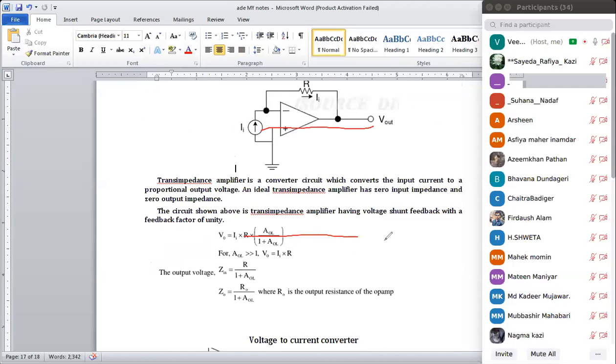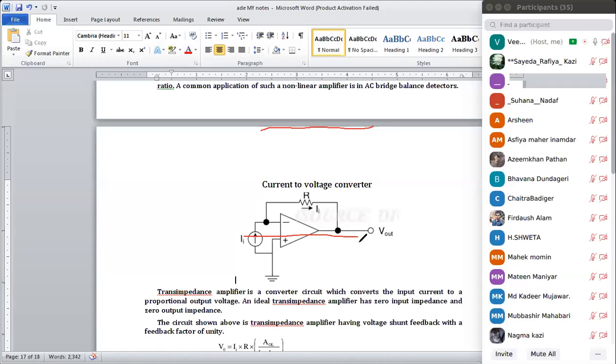Okay, so this is a simple circuit where a current source is being connected to the inverting terminal, while the positive terminal, which is the non-inverting terminal, is connected to the ground side.